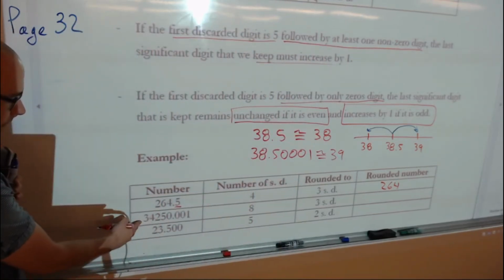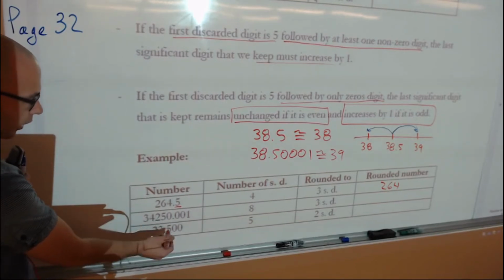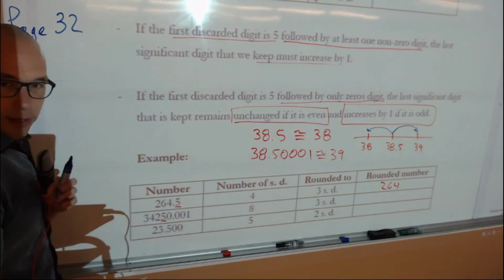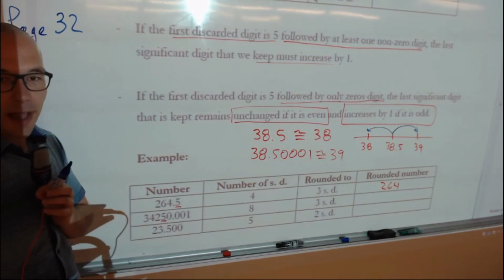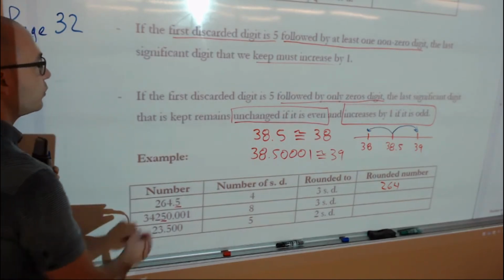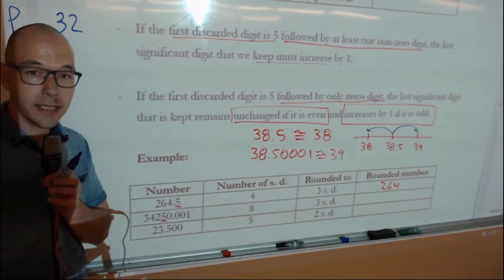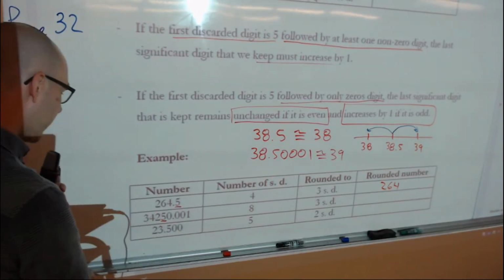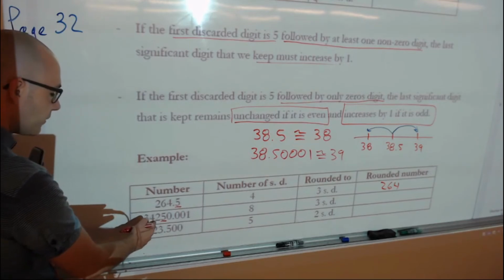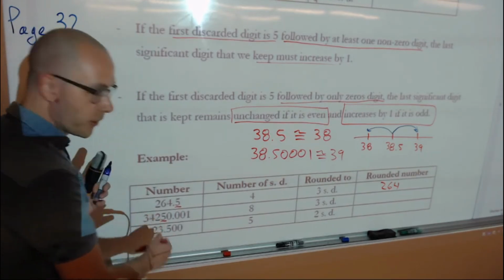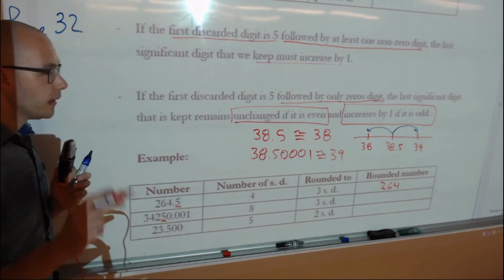For this one, we're going to keep 3 sig figs: 1, 2, 3. The first discarded digit is a 5, so we have to consider the special rule, but we're not precisely in between. So what are we going to do? We have to round that 2 up, even though it's an even number, because we cannot choose.